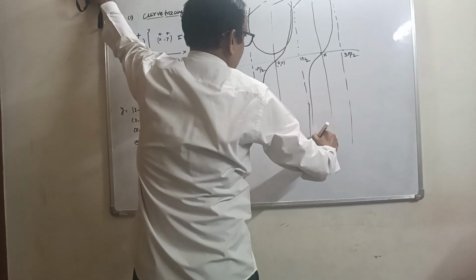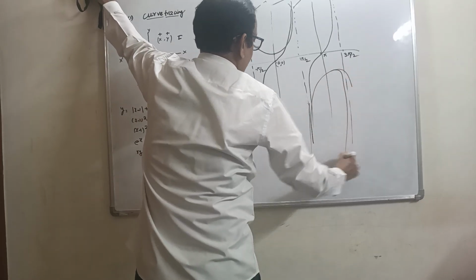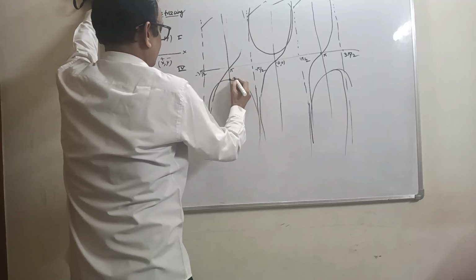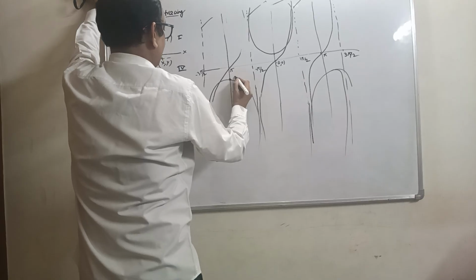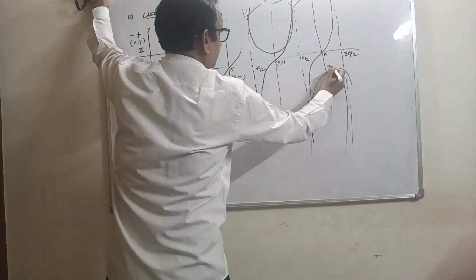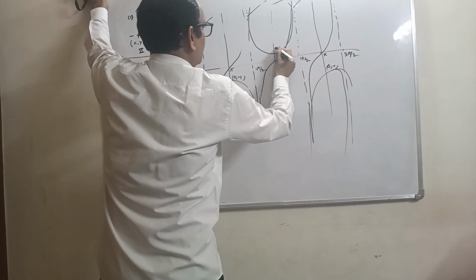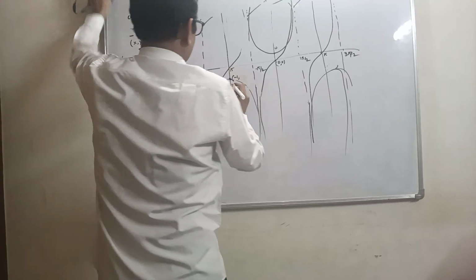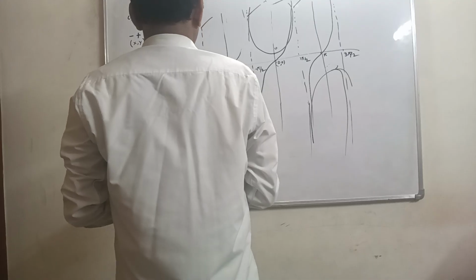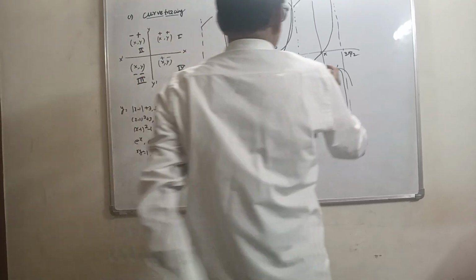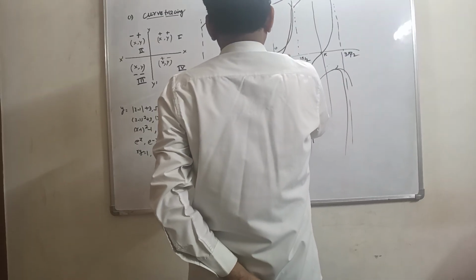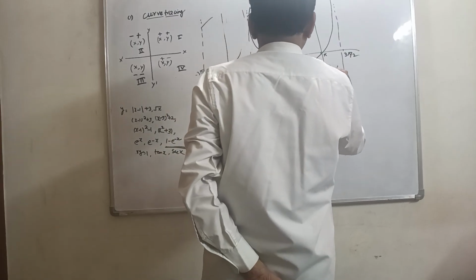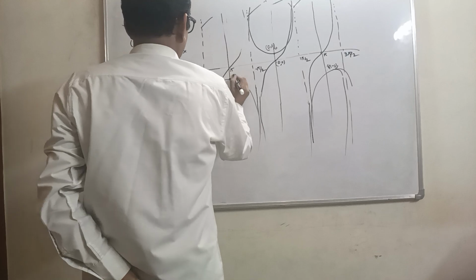These are asymptote lines. The coordinates on the y axis would be 0, 1, then 0, minus 1, and 0, minus 1.